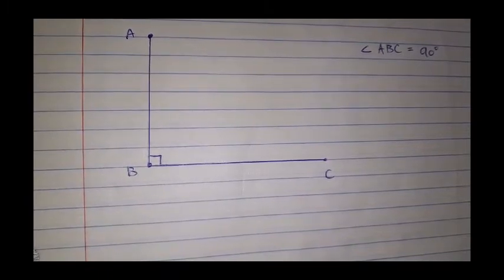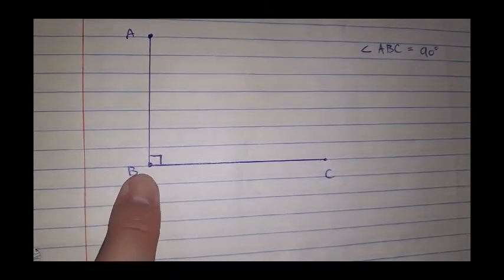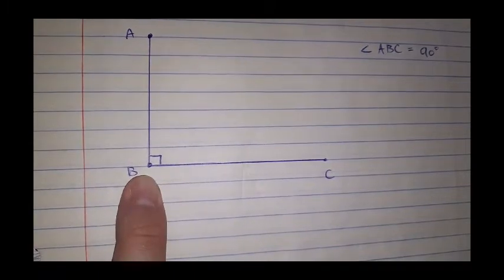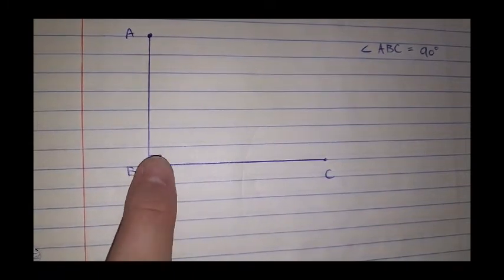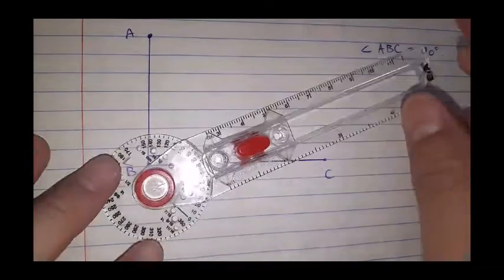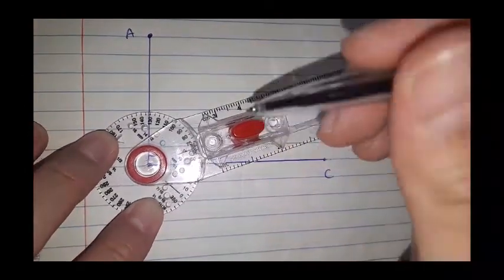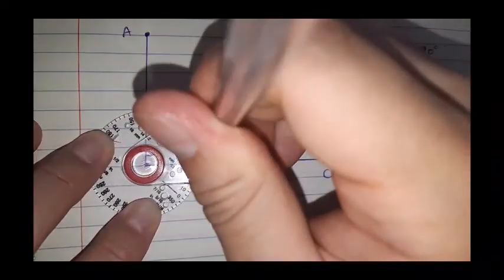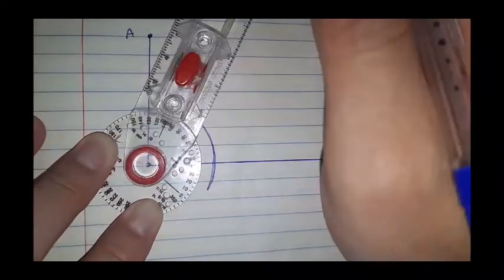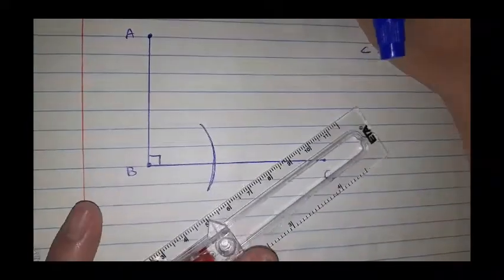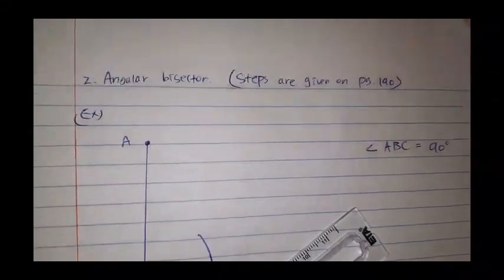Now, one thing that you need to do is, can you see this midpoint or intersection point that is embedding 90 degrees? That's where you need to put your compass. And fortunately, the circle size doesn't matter. You can create, there you go.